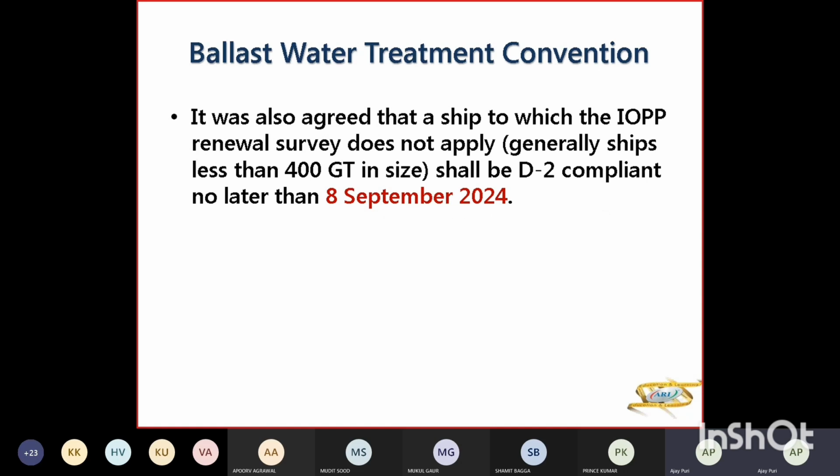Now it is agreed that ships to which the IOPP renewal survey does not apply, because that is generally less than 400 gross tonnage, are all to be D2 compliant by 8th September 2024.